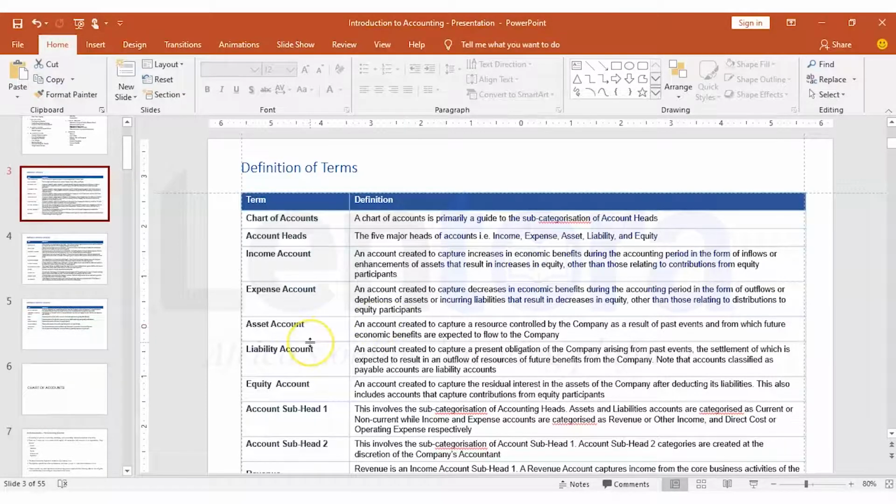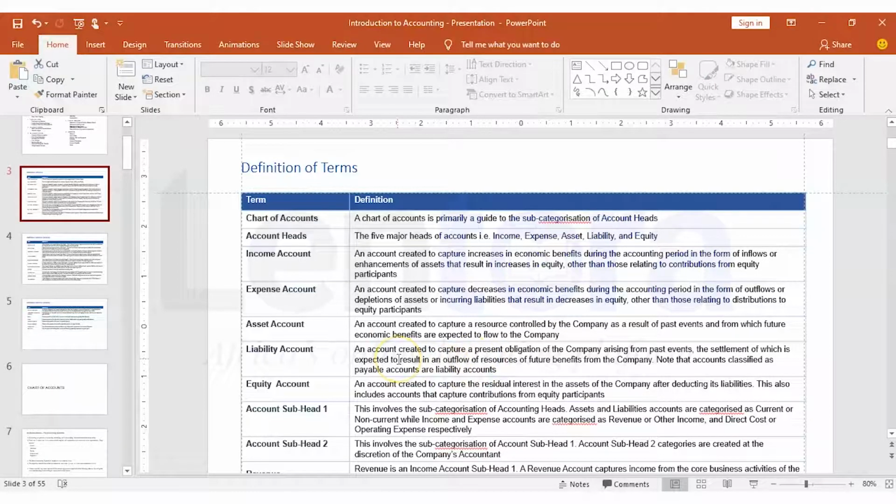A liability, on the other hand, is basically the opposite, because when you have a liability, you're expected to pay someone. It's like you're owing someone. So really, it is an expectation of resources flowing out of that entity.